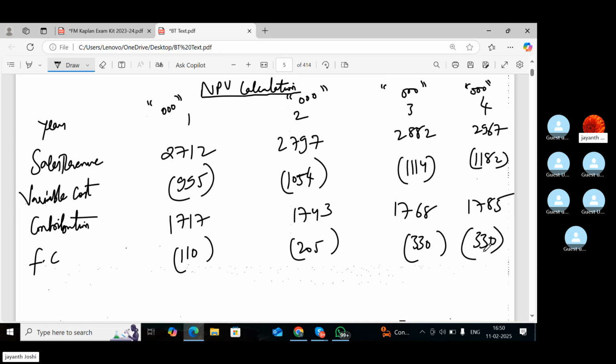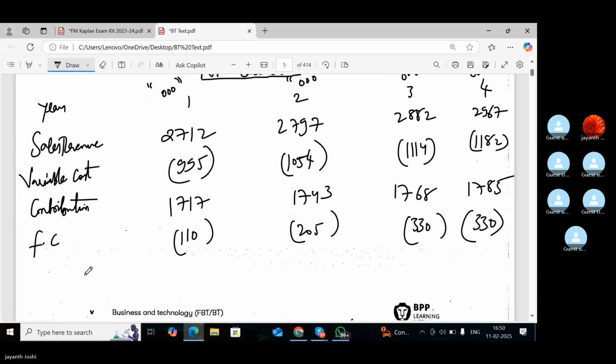Okay, well, that is done. Taxable cash flows. We will try to find out the amounts here. So 1717 minus 110, 1607. So taxable cash flows are in front of us.